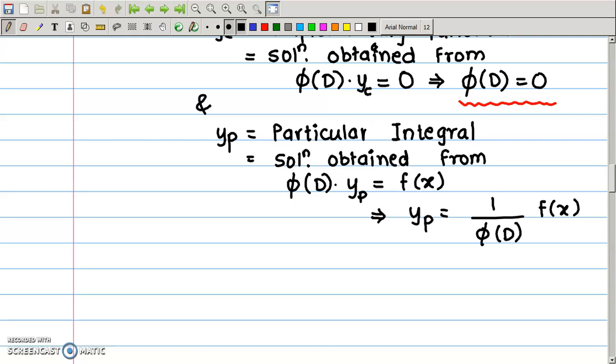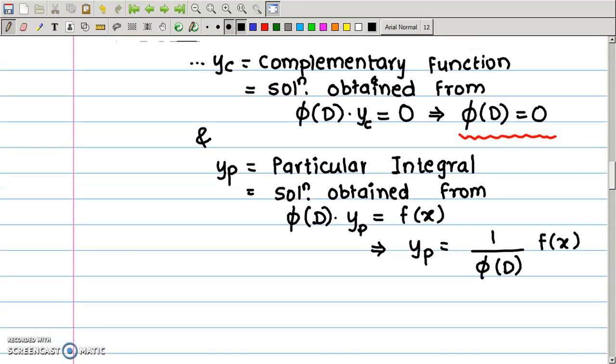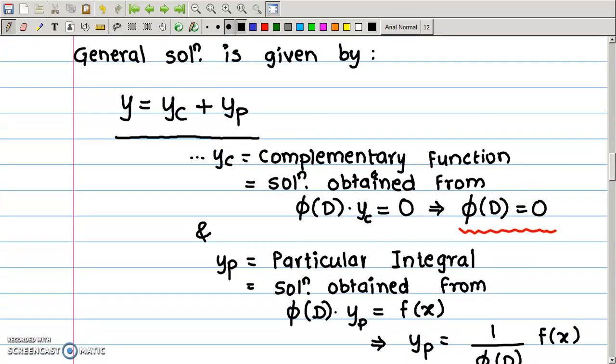Since D represents differentiation, the reciprocal of differentiation is integral, so we are going to calculate the integration of this particular function f of x. That's why yp is the particular integral. So the combination of these two will give us the required general solution.